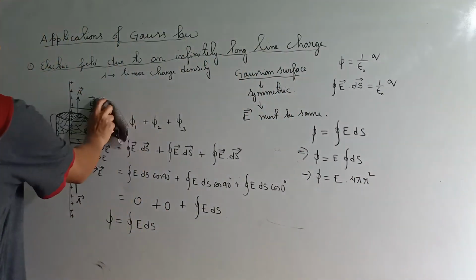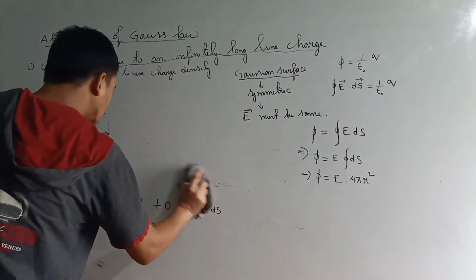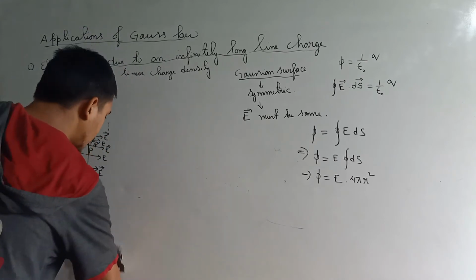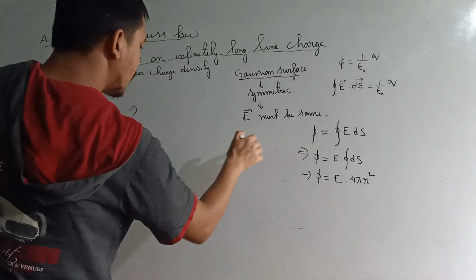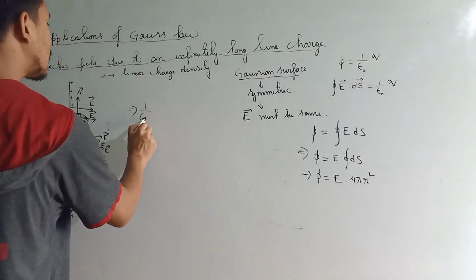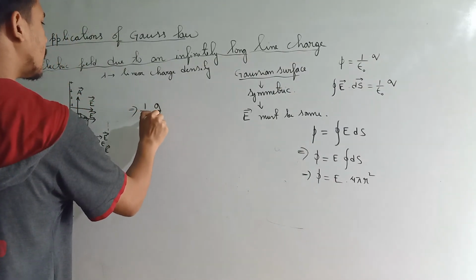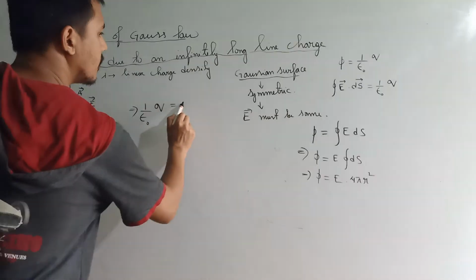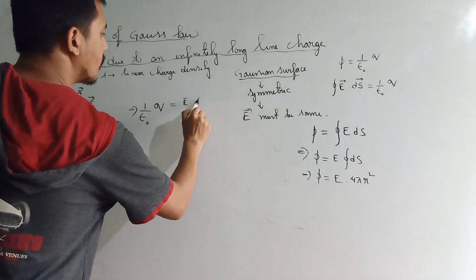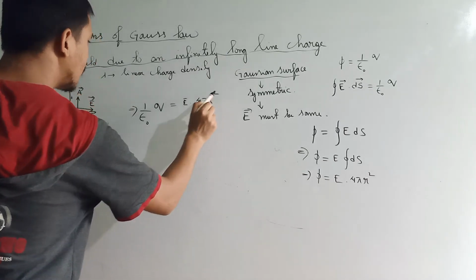And according to Gauss Law, what is your phi? It is 1 by epsilon naught times Q, the charge enclosed. Is it okay? That is equal to E into 4 pi r square, right?